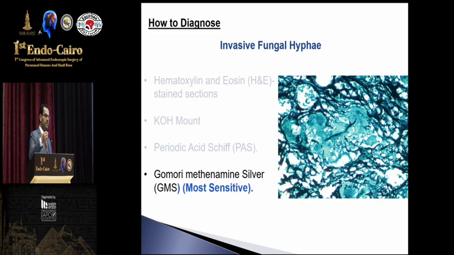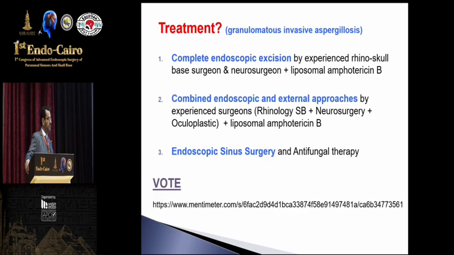So you need to tell your pathologist that you have suspicion about such a disease. Then he is going to use a specific fungal stain, which is silver stain or PAS. And why is that important? Because it might affect our approach or might affect our long-term management.